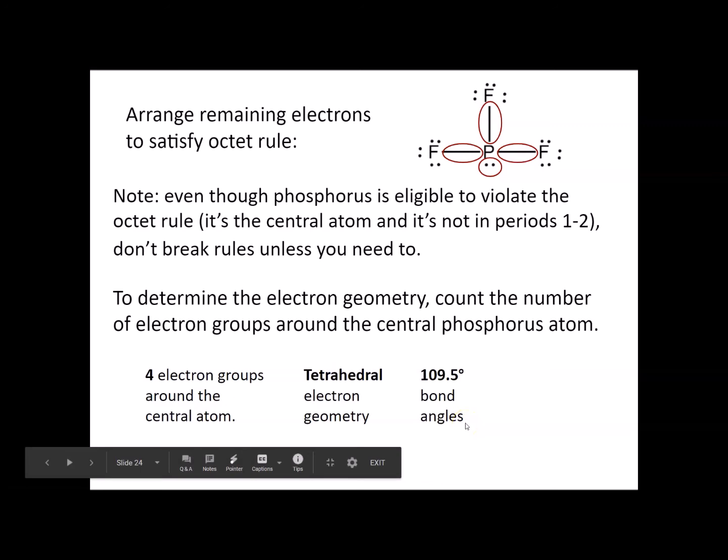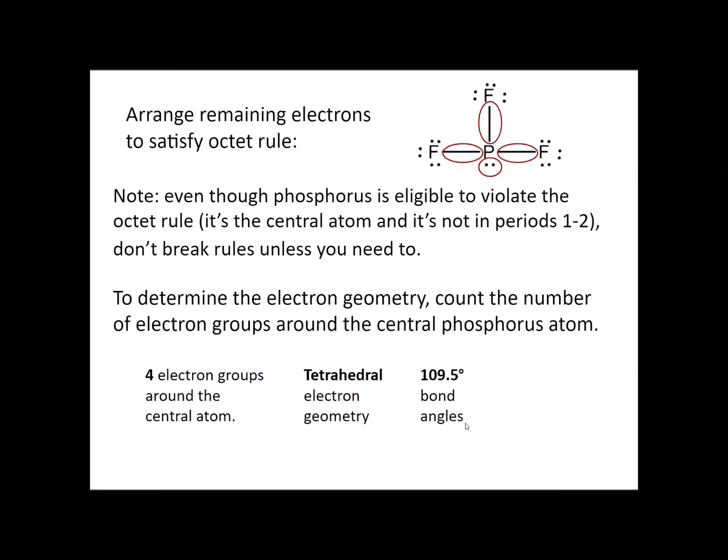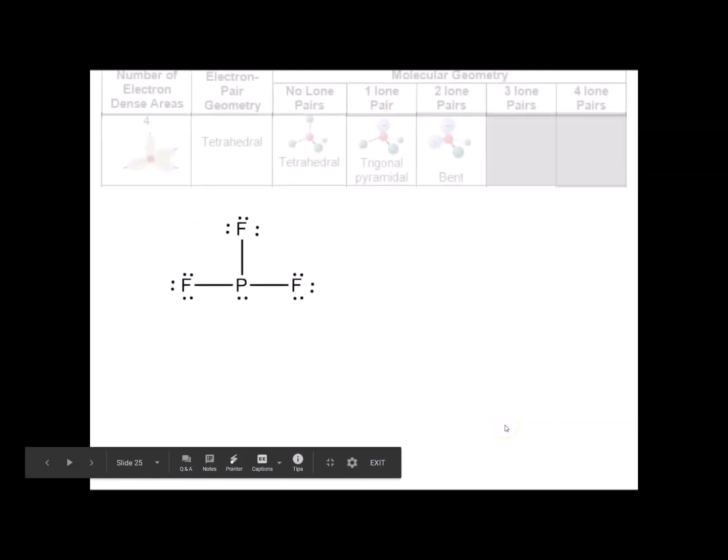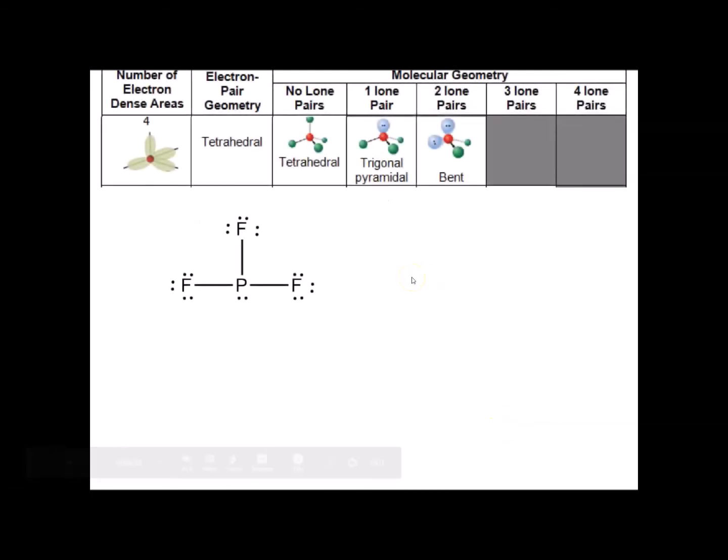Now for the last piece. We've written a good Lewis structure. We've named the electron geometry. Now we've got to figure out the molecular shape. Here's your Lewis structure. Consider this chart. When you have 4 electron groups, that's tetrahedral electron geometry. If there were no lone pairs, I would also say that the molecular shape is tetrahedral.